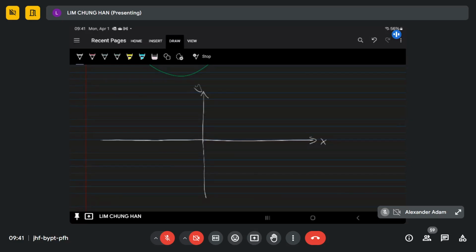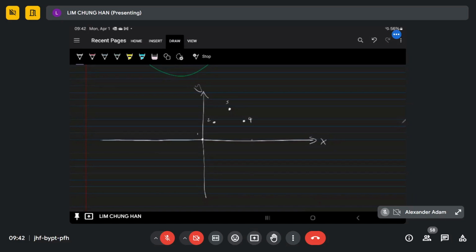When pi over 6, it's half and square root over 2, right? So it's there. Next point is somewhere there. The third point is up there. Next point, it comes down here.